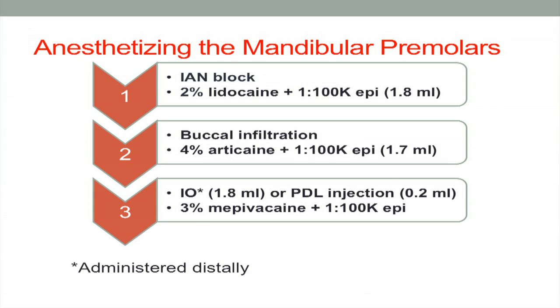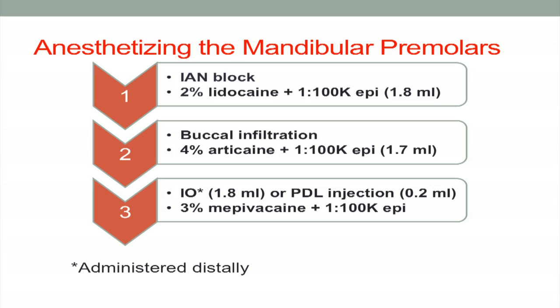When anesthetizing the mandibular premolars, a full cartridge of 2% lidocaine with 1 to 100,000 epinephrine is administered to perform the inferior alveolar nerve block, but the long buccal block is not performed. If this injection is not successful, then buccal infiltration with 4% articaine with 1 to 100,000 epinephrine is performed.